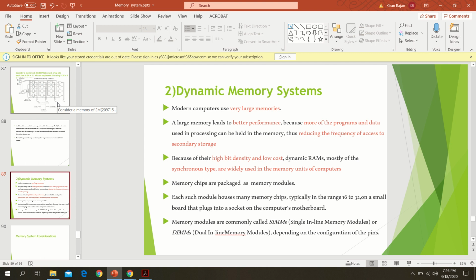Memories are packaged as different memory modules in order to create larger memory circuits. Each module can contain 16 to 32 chips, and we can call them SIMM, single inline memory module, or DIMM, dual inline memory module, depending on the configuration of pins.